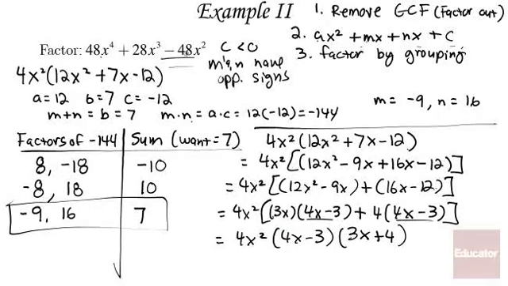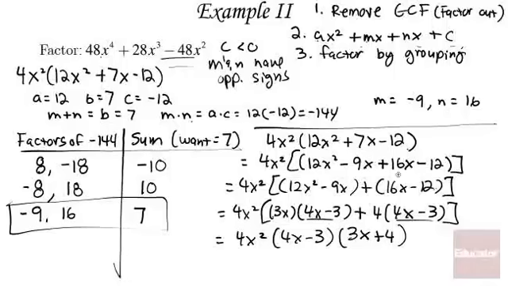So my first step was to first factor out the greatest common factor so that I have smaller numbers to work with. Then I was left with this simpler trinomial with a leading coefficient other than 1. So I went ahead and turned it into this form. I found m is negative 9 and n is 16. I then wrote it as my greatest common factor, 4x squared, times this polynomial.